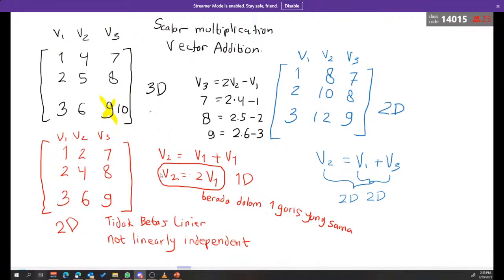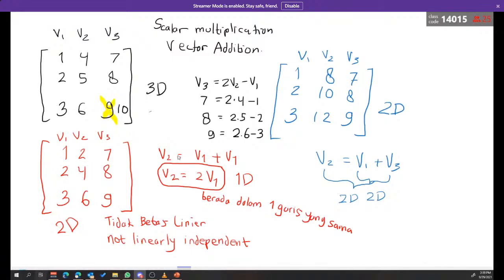In fact, V2 is equal to 2 times V1 in this case. So I can represent V2 according to V1 with just one scalar. Okay. But in the previous case, V2 cannot be represented by V1 with just a single scalar.